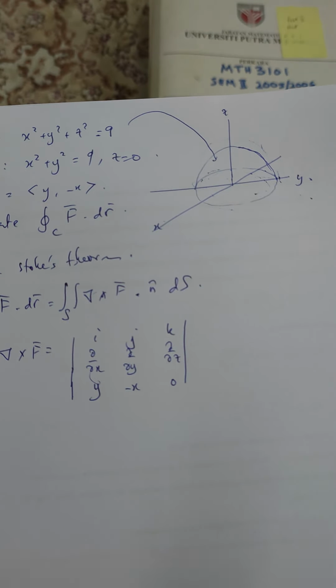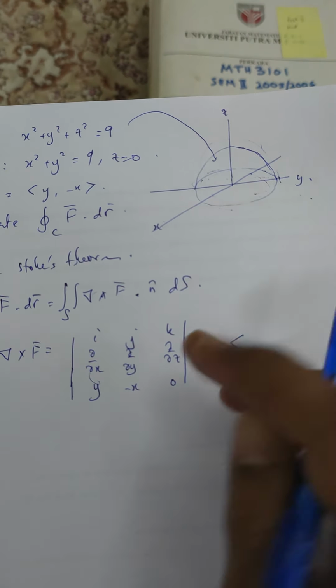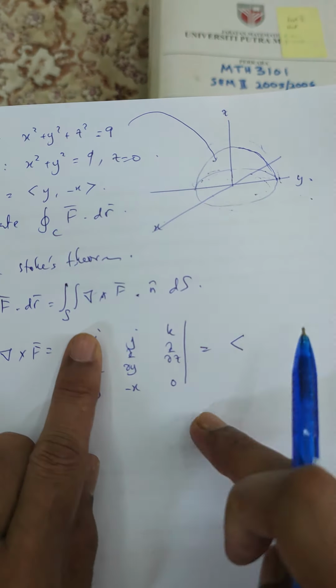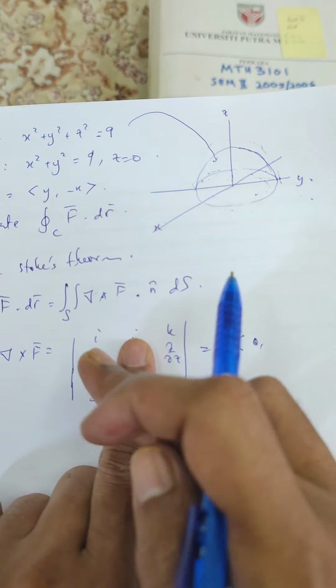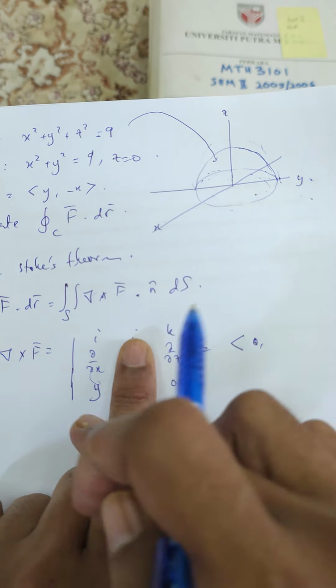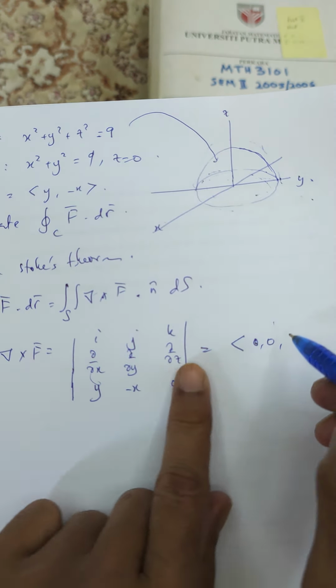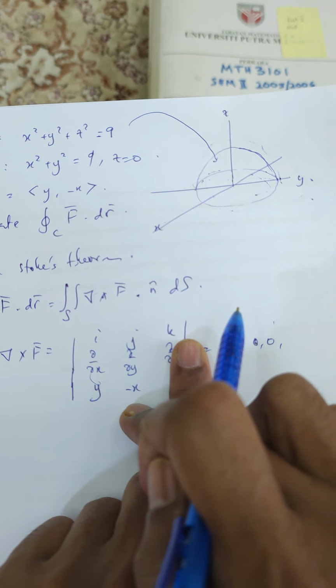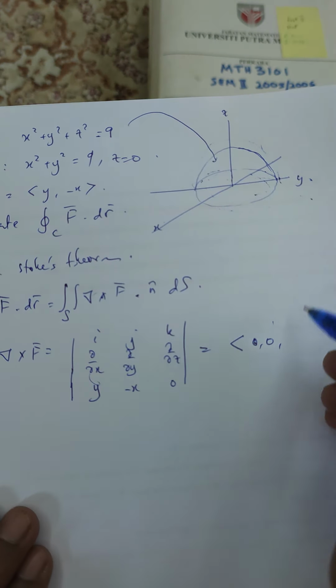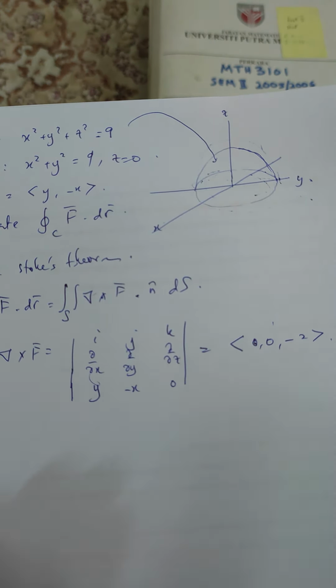That will give you for x 0, 0, that's 0. For y you got 0, another 0, and for z you got minus 1, so you got minus 2.